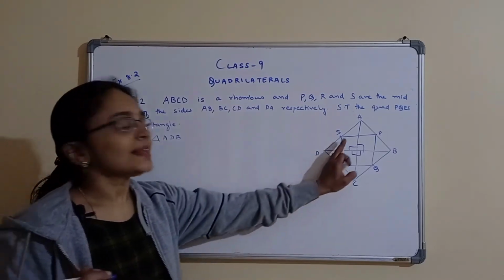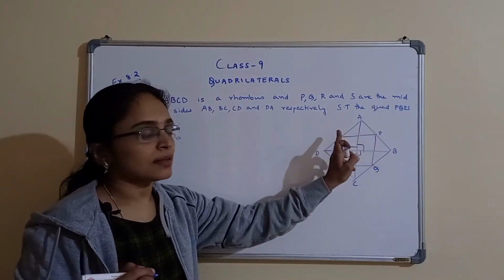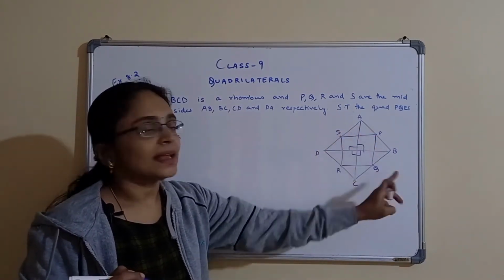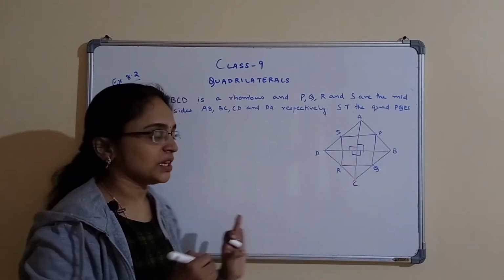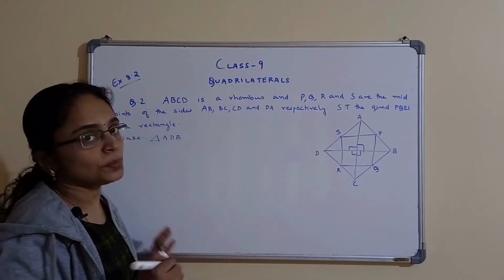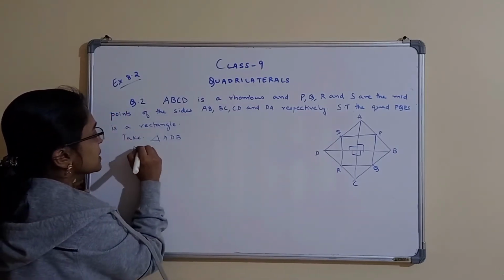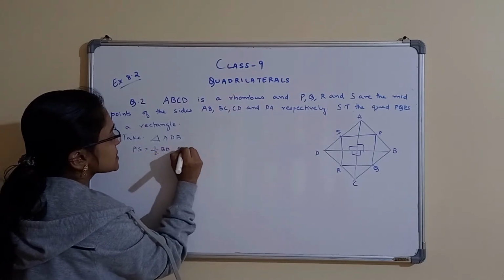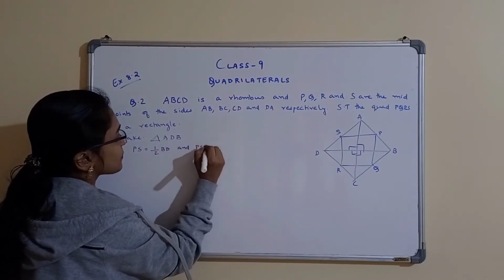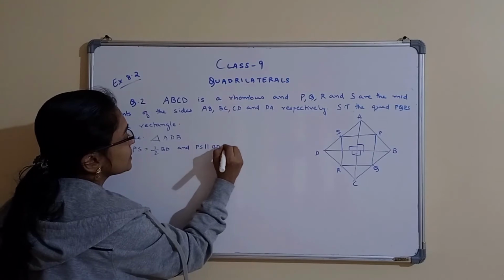And in that P and S are the midpoints of AD and AB, which means PS is equal to half of BD and PS is parallel to BD by midpoint theorem.